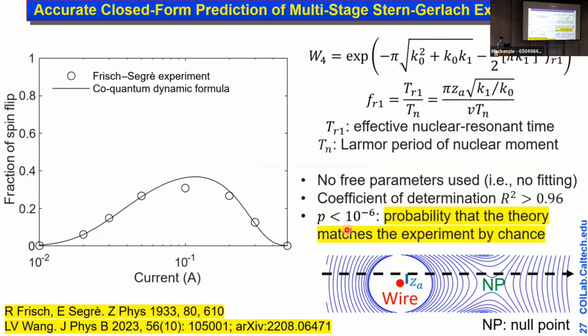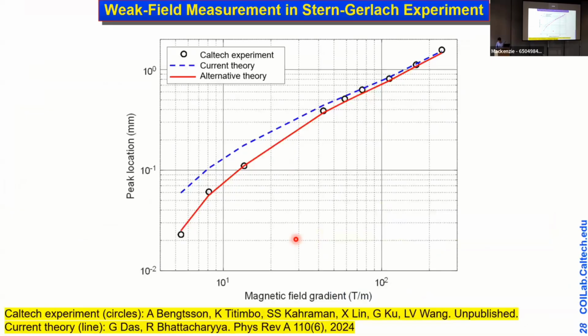The p-value is less than 1 ppm. So that's the probability that the theory matches the experiment sheerly by chance. So that's very unlikely. But of course, we're at the mercy of this old data set, and we decided to run our own experiment. This has been funded by the Julian Schwinger Foundation.